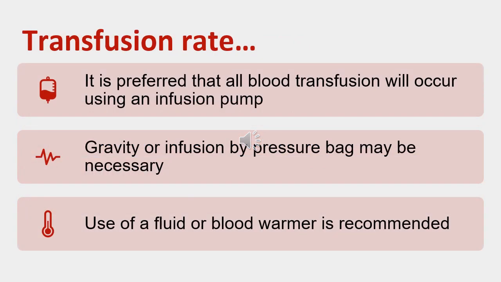It is preferred to use an infusion pump to administer a unit of blood. In some situations, gravity or infusion by pressure bag may be necessary. It is also recommended that a fluid or blood warmer is used if available to administer a unit of blood.